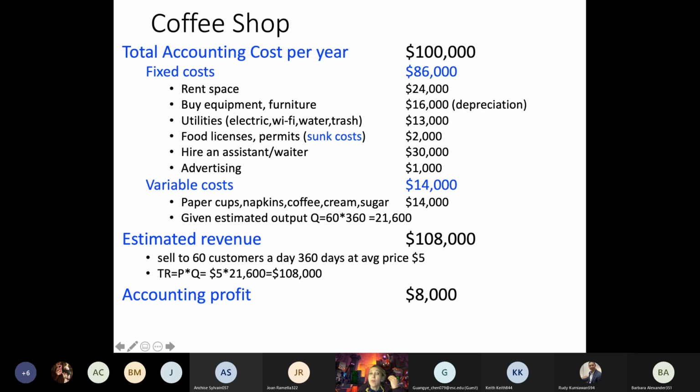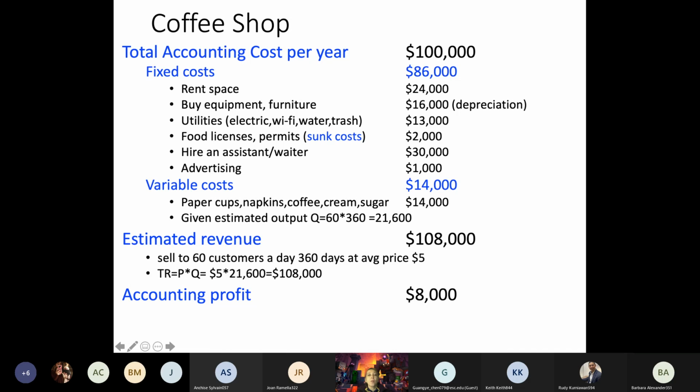But then once you start actually making coffee, there are variable costs that you need to incur. So you will be buying cups, you'll be buying napkins, sugar, cream, or that whipped cream thing that you put on top, and some other sprinkles, and all that adds up.